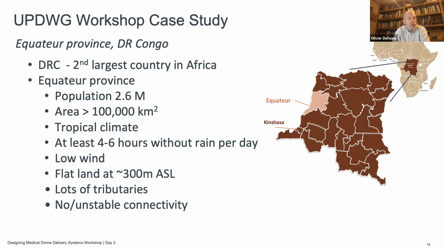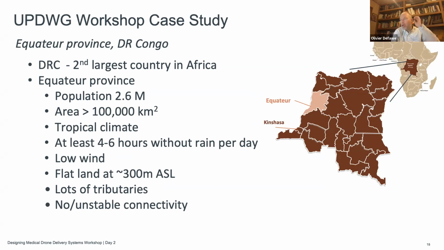Before we go to the root cause of the problem, just some facts about Equateur. Around 2.6 million people, a huge area of over 100,000 square kilometers, tropical climate, 4 to 6 hours without rain per day on average. Relatively low wind, relatively flat, but a lot of tributaries.